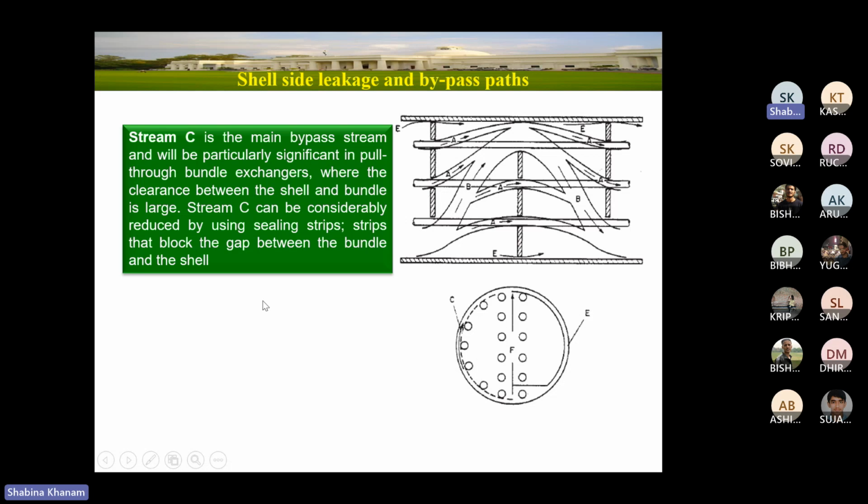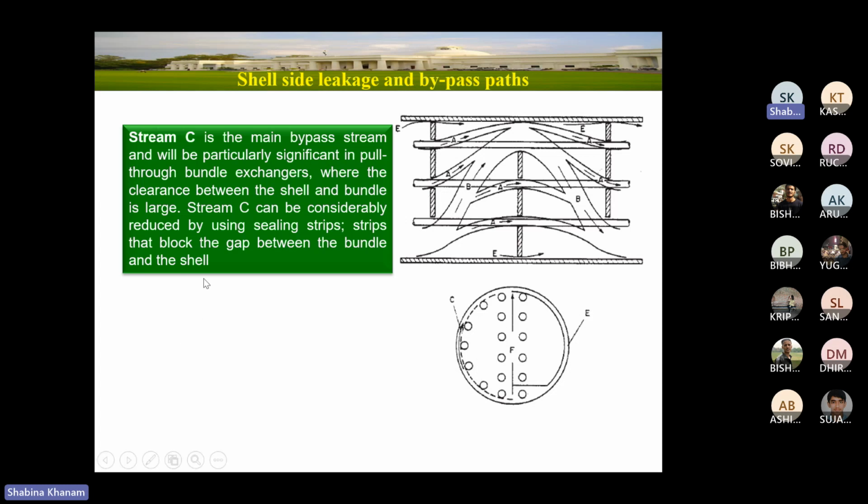Therefore stream C is the main bypass stream, and will be particularly significant in pull-through bundle exchangers. Pull-through bundle exchanger means internal floating head. Remember that is the main drawback of internal floating head. If we are using this internal floating head or pull-through exchanger, we need to be more careful about stream C in comparison to other exchangers.